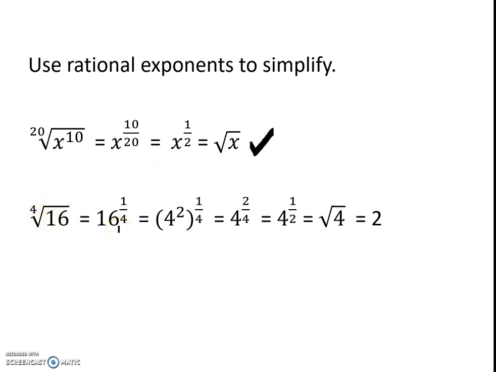Well, that can be written as 16 to the 1/4, and we know 16 is 4 squared, which is 4 to the 2/4, which reduced is 4 to the 1/2, which is the square root of 4, or simply 2. Now on this one, if you could remember that 2 times 2 times 2 times 2 is 16, you would automatically know that our answer is 2.